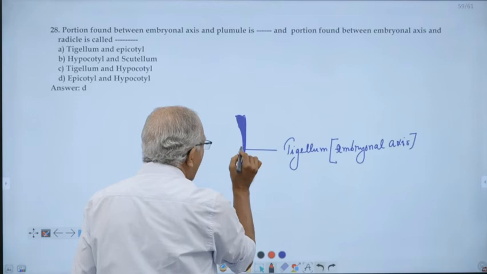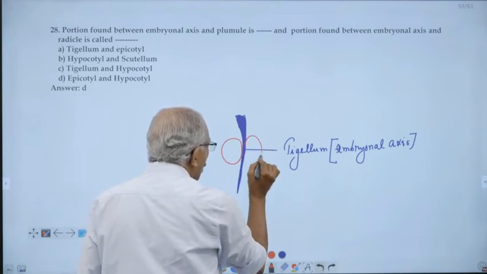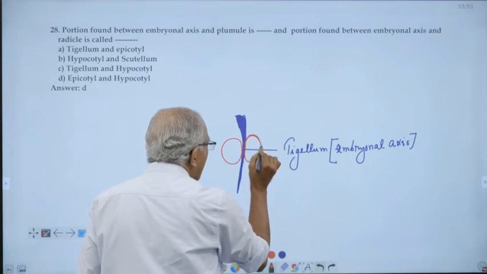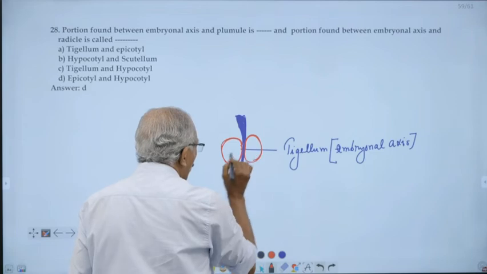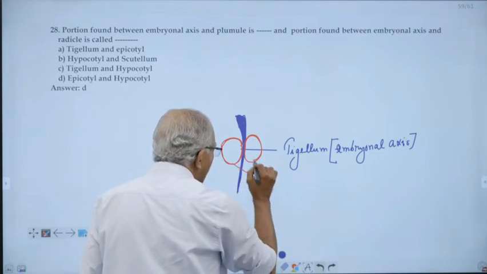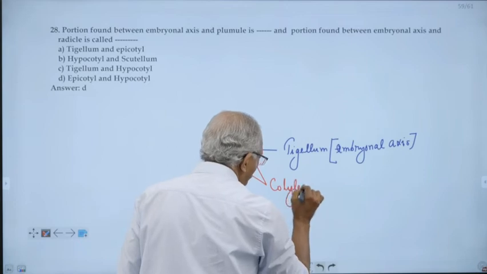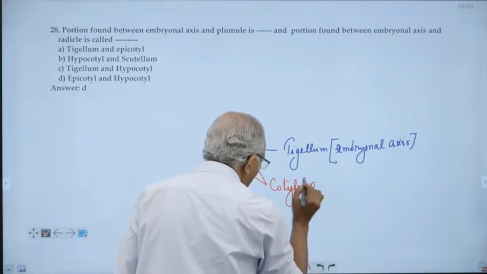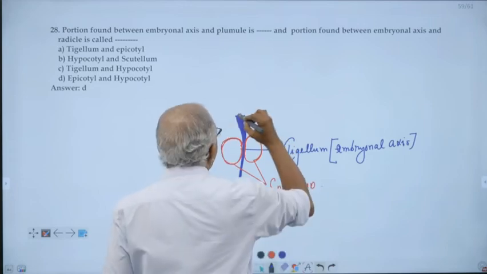On the embryonal axis, there are two cotyledons in the case of dicot, one cotyledon in the case of monocot. So this is the cotyledon. This is the plumule.